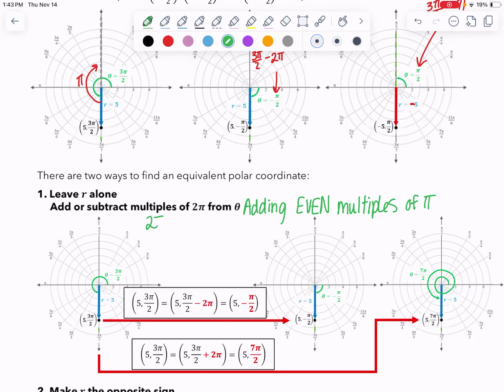So if you add 2 pi or subtract 2 pi, so I get add or subtract even multiples of pi, 4 pi, negative 4 pi, 6 pi, 112 pi, any even number of pi's, you're going to get an equivalent polar coordinate.